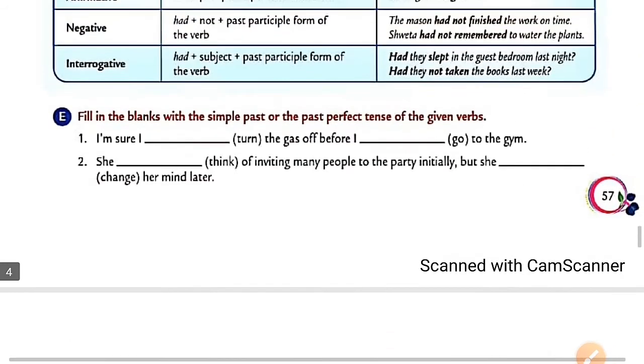Okay guys, E part starts. What you have to do in E part: fill in the blank with simple past or past perfect tense of the given verbs.